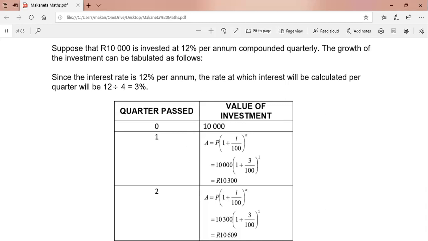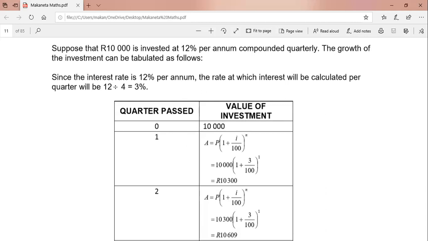So this means that at the end of the first quarter, you get the value of 10,300 rands in your investment.